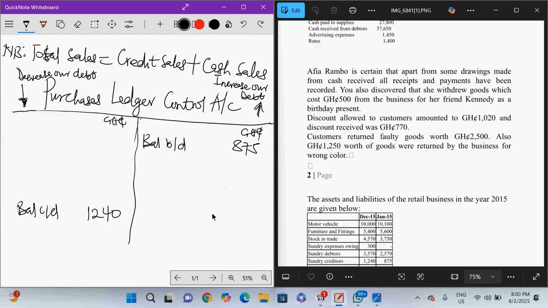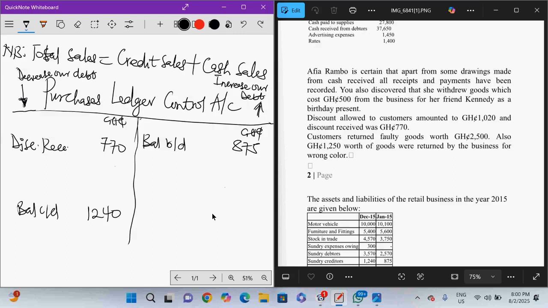So will it increase our debt or decrease our debt that we are owing them? To decrease our debt. So it will come to the decrease side, which is the debit side. So here, discount received, that will be 770.